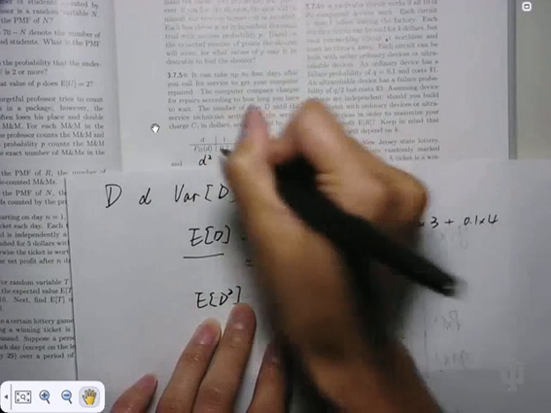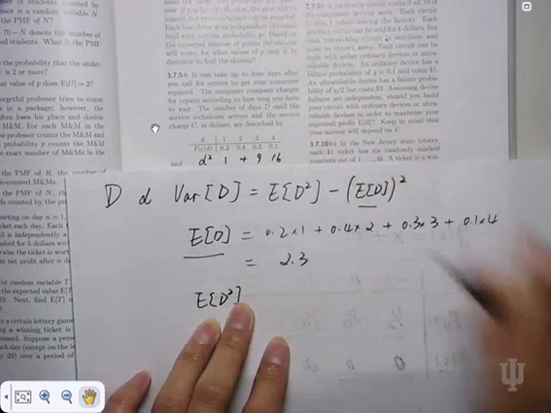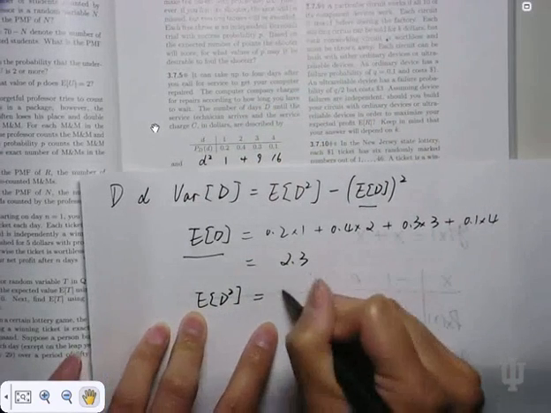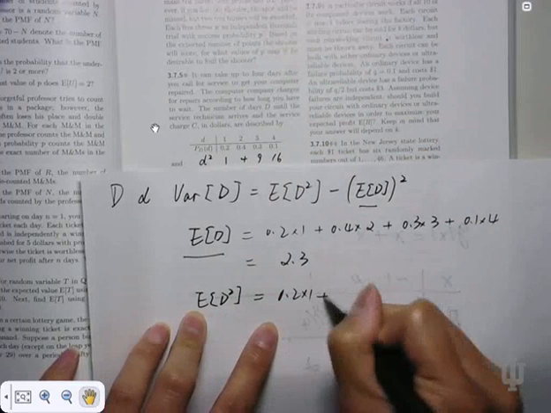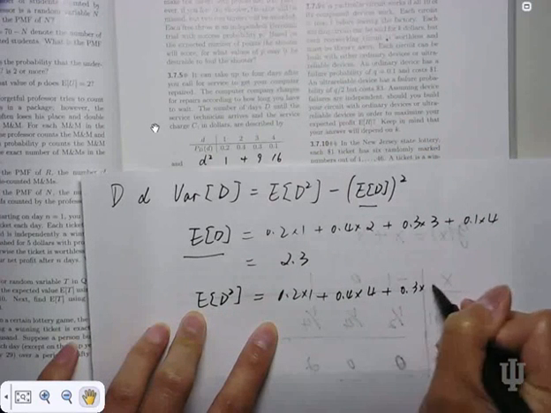How about I mark the D squared here? 1, 4, 9, 16. It will be times 1, same probability, 4 times 9.